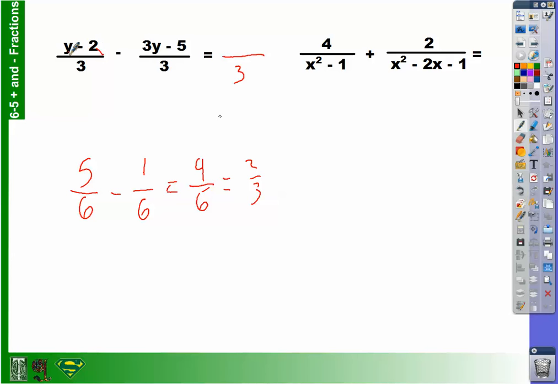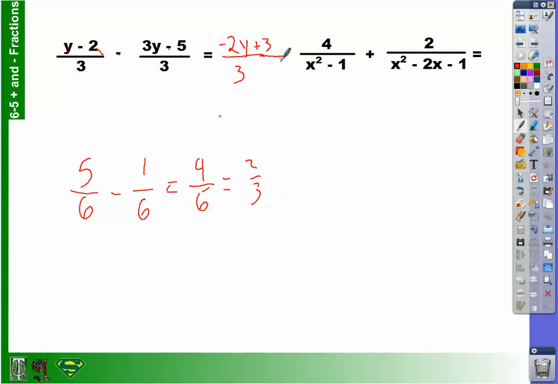So what's common to y? Well, 3y. So I have y minus 3y, which is negative 2y. Because if I have 1y and I take 3 y's away, I have negative 2 y's. If I have negative 2 minus 5, well, subtracting a negative is the same as adding a positive. So negative 2 plus 5 is plus 3.